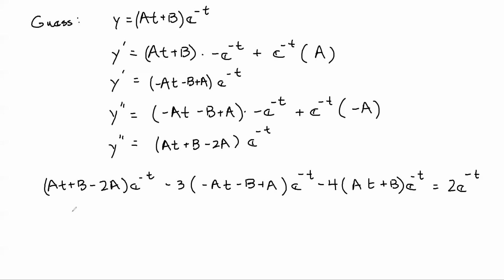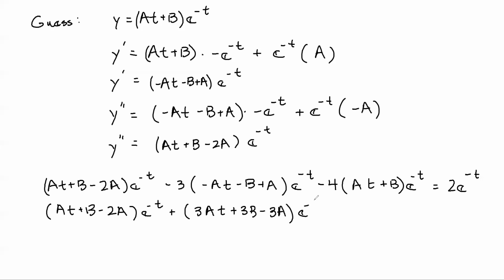All right, and so we could go through and do some simplifying here. Let's just do it in 2 steps. We'll have at plus b minus 2a, e to the negative t. And then here we're going to distribute this, so we're going to have plus 3at plus 3b minus 3a, e to the negative t.